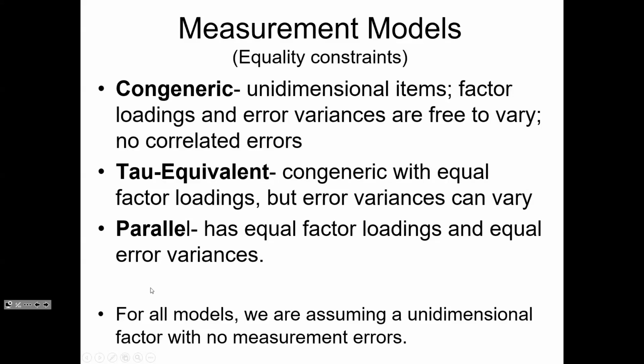Even 0.5 leaves 75% of the variance in the item unexplained by the factor, right? And if your factor loading is 0.71, that means half of the variance in the item is explained by the factor, and half is not. So 0.71 sounds awesome, and it is good, but it still means that half of the variance in every item is not explained by the factor.